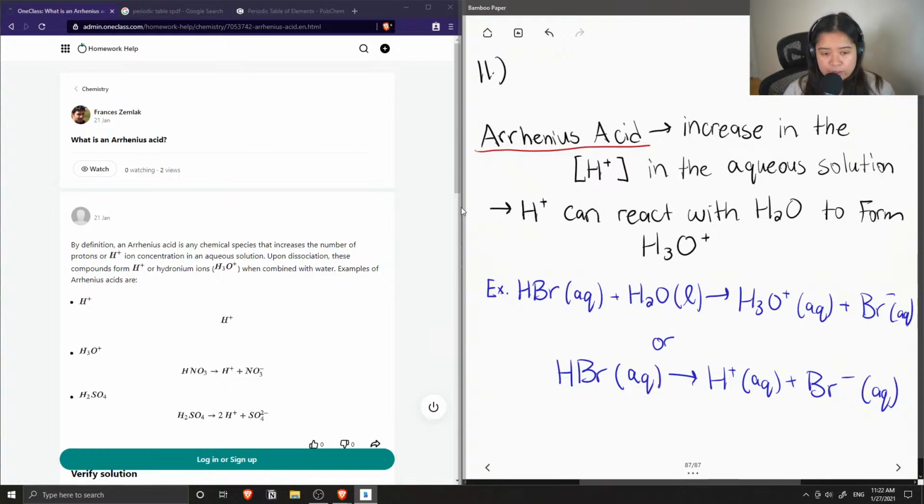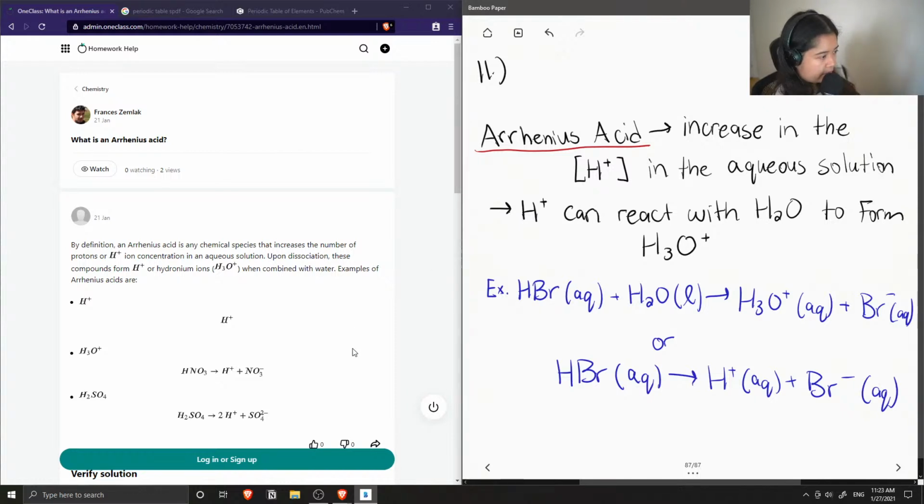The first one is a more accurate depiction of the reaction, but it's also more tedious to write H2O and then H3O plus. And sometimes it's just easier to show HBr dissociating to the proton plus Br minus, but both would be considered correct.